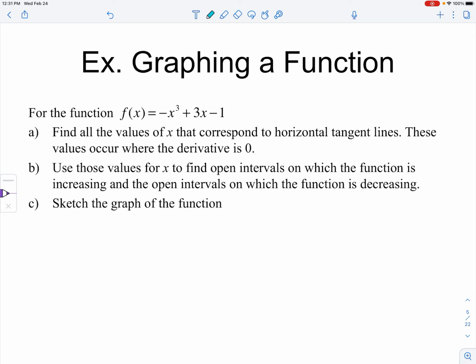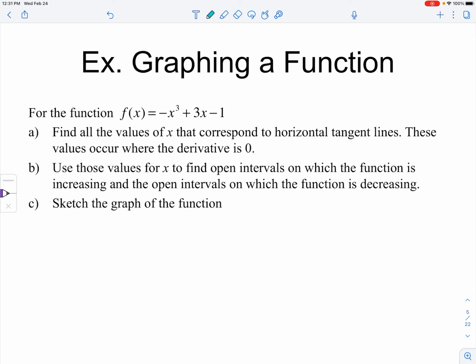So we're going to look at a few examples now, and we're going to just follow these steps, which is going to lead us to being able to actually sketch the graph of the function that we're working with. So this first function is a polynomial function. We know from our studies in Algebra 2 and Pre-Calc that polynomial functions are smooth continuous curves.